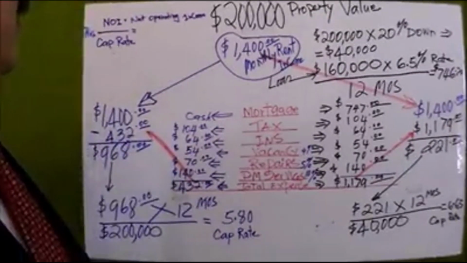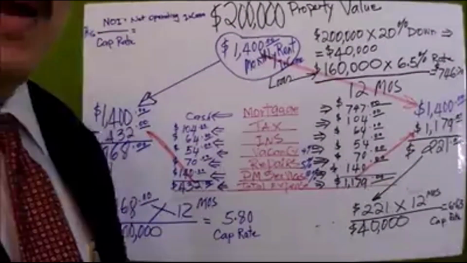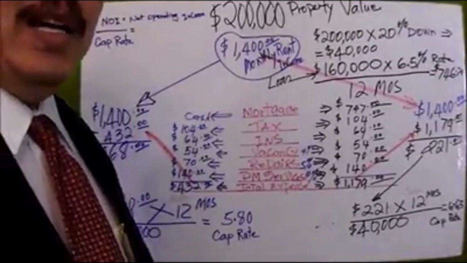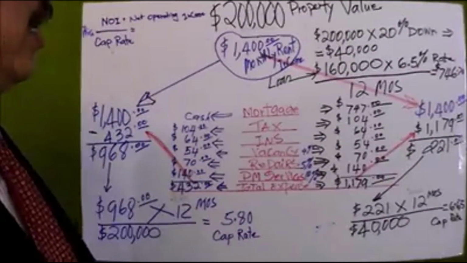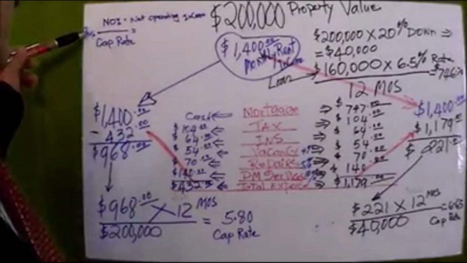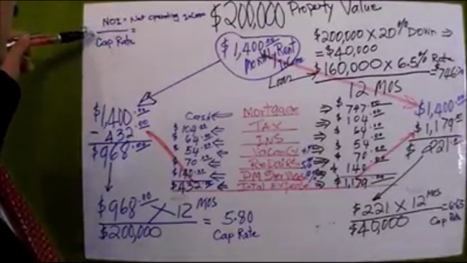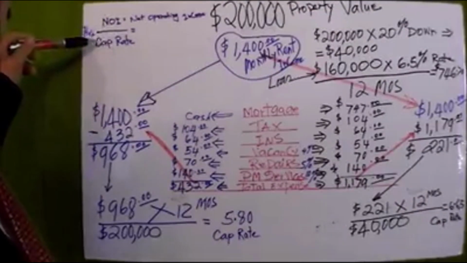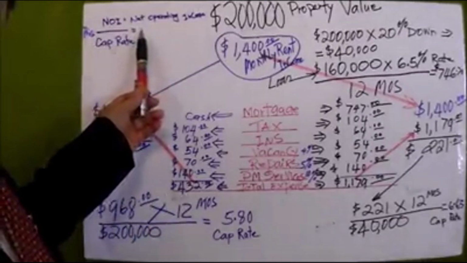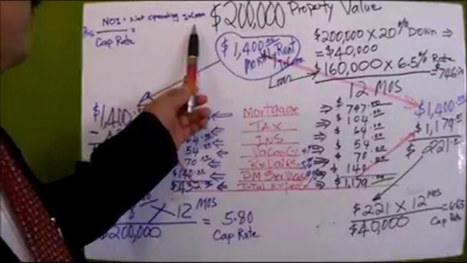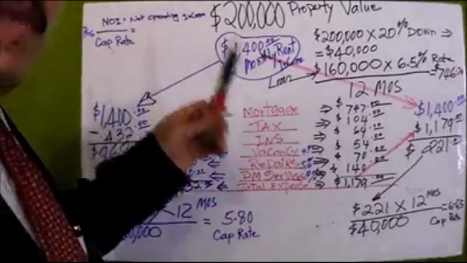Okay. And if you want to know your property value, if you sell to the market, you have to use the net operating income divided by cap rate, so you will know how much you will sell the property for in the market.